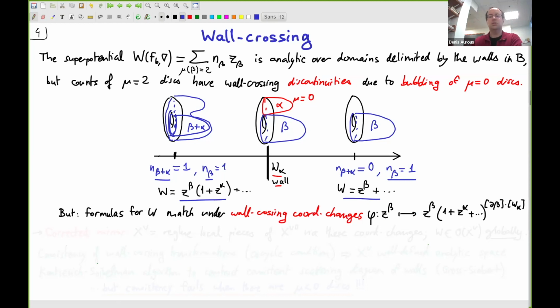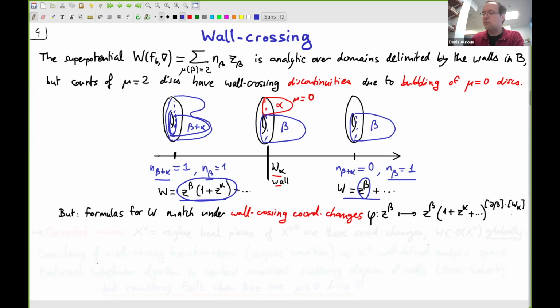This is the kind of discontinuity that you can cure not by changing the values of a function, but by changing its domain, by making coordinate changes on the pieces of your moduli space. And so in this case, what you should do is replace Z^β by Z^β times (1 + Z^α). And of course, in general, there would be more terms from other disks.